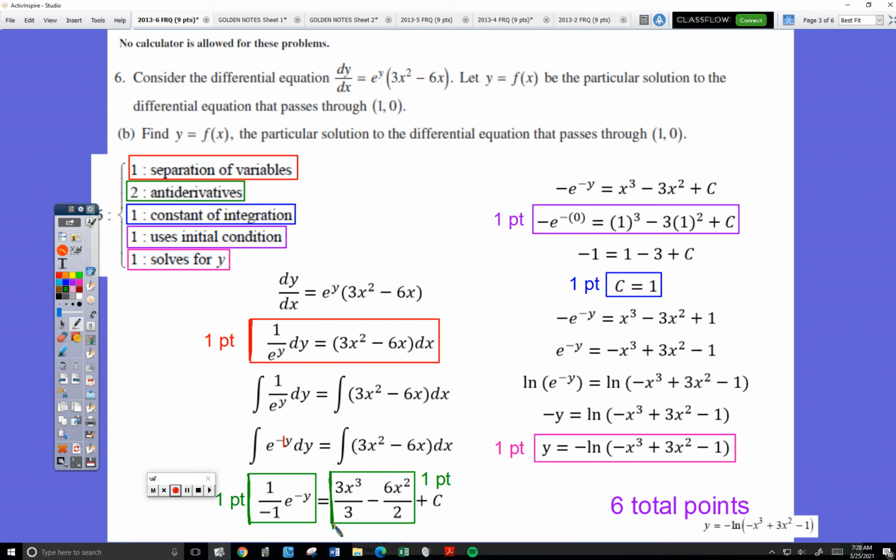Then when we plug in the initial condition, that's a point. Finding the value of c, that's another point. And then when we isolate y, that is the final and 6th point. So 6 total points for number 6, part B.